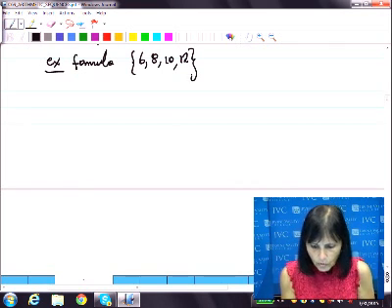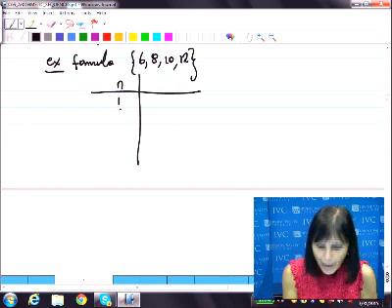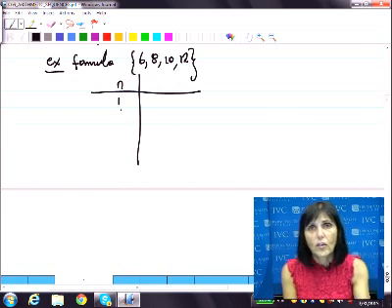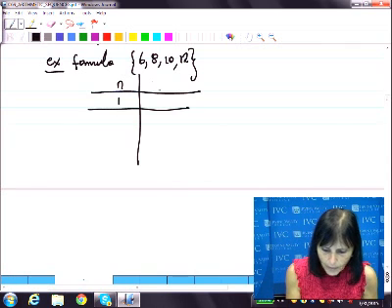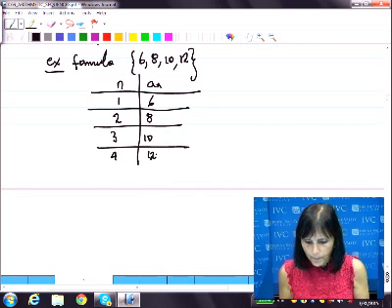What you should do is make a little table with n, where n is like the subscript that tells you which term it is. First term is 6. Second term is 8. Third term is 10. And fourth term is 12.